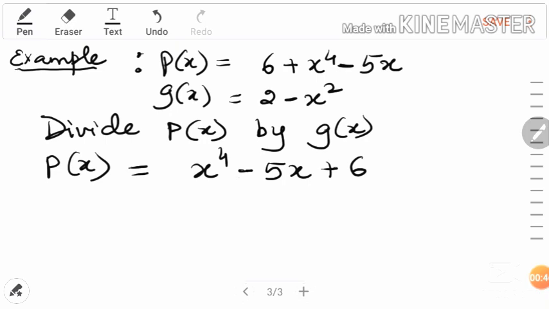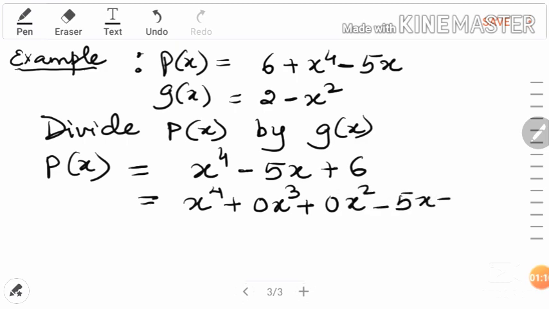Now notice that the cube and square terms are missing, but we are going to get in our division those terms. So we will write the polynomial again as x to the power 4 plus 0x cube plus 0x square minus 5x plus 6.